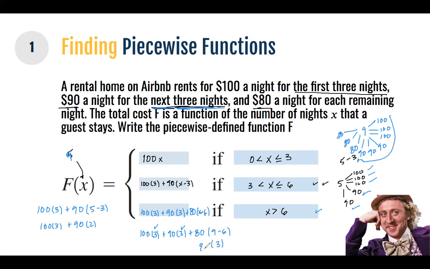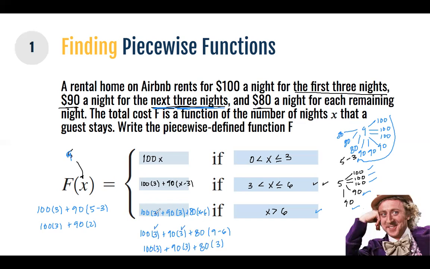So 80 times 3, 90 times 3, and 100 times 3. That's 3 nights at $100 a night, another 3 nights at $90 a night, and 3 nights at $80 a night. And everything after that is going to be at $80 a night.